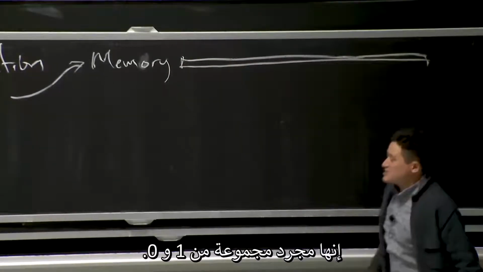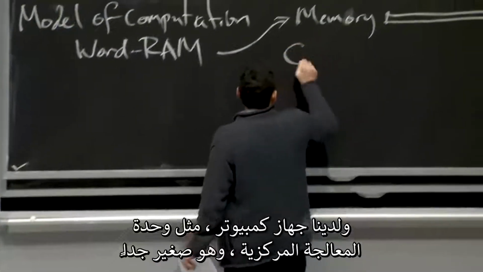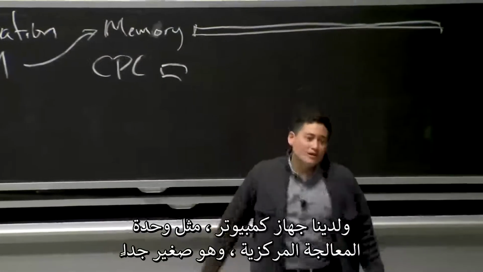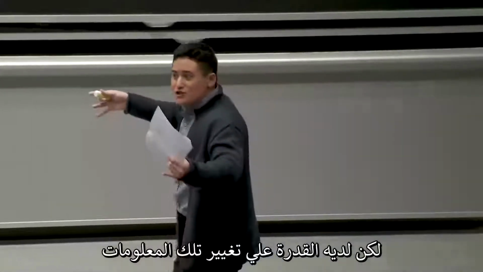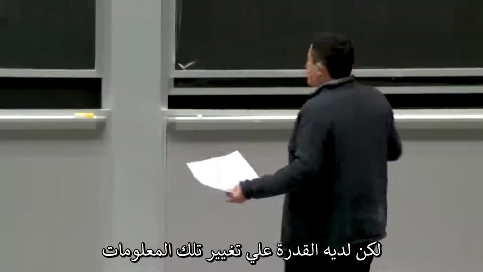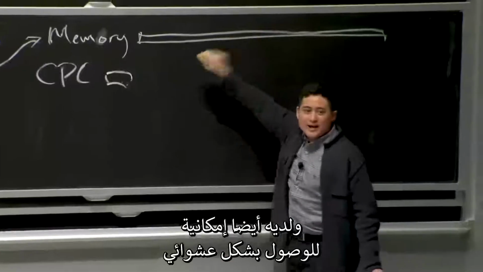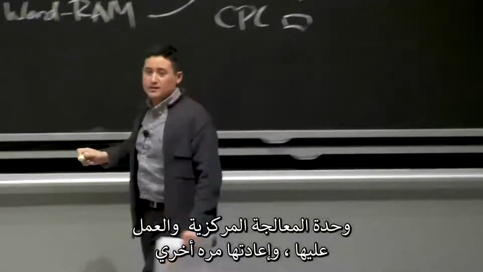It's just a bunch of ones and zeros. And we have a computer, like a CPU, which is really small. It can hold a small amount of information, but it can change that information, operate on it, and it also has instructions to randomly access different places in memory, bring it into the CPU, act on it, and read it back.